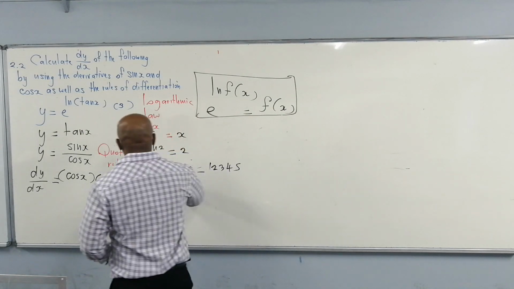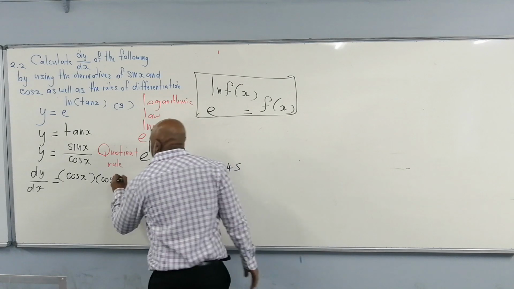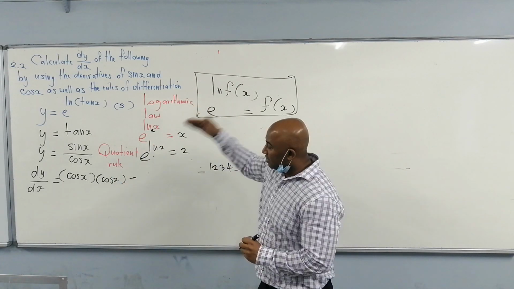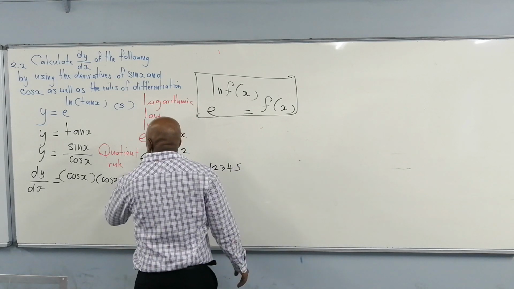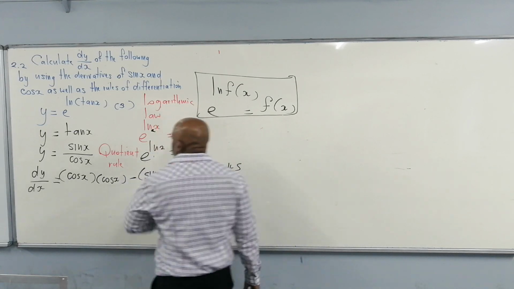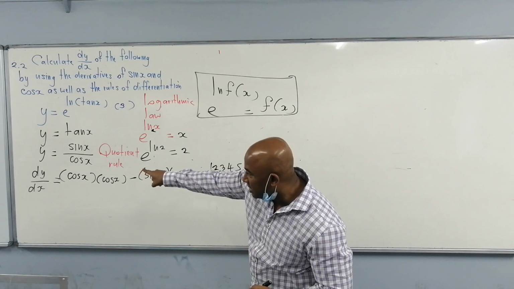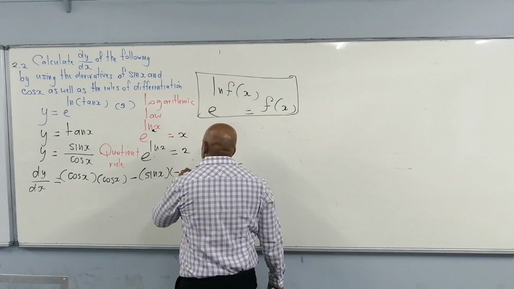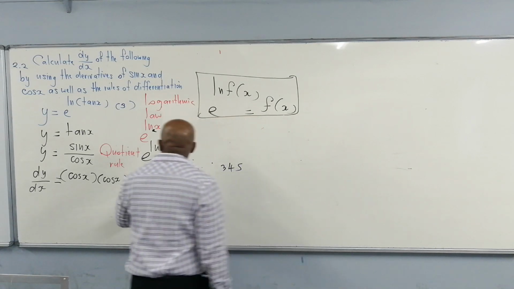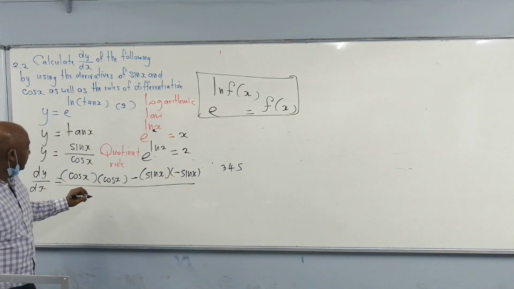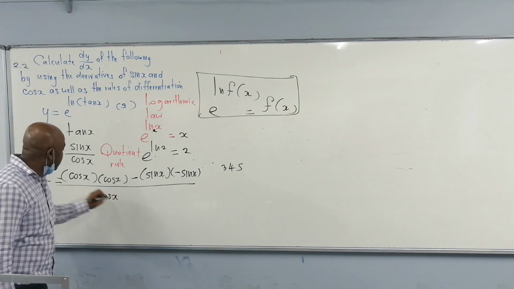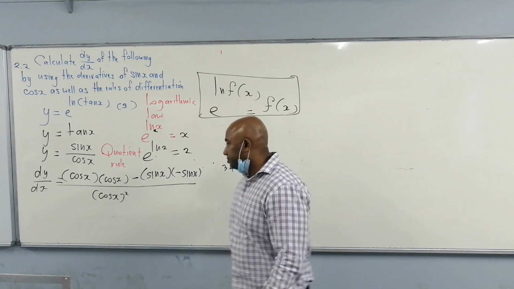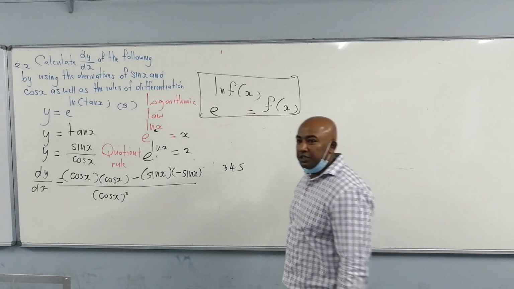Then put a minus sign. You copy the denominator, differentiate the numerator, minus copy the numerator, which is sine x, differentiate the denominator, the derivative of cos is minus sine x, all divided by the denominator squared. Quotient rule. Don't go and mix up the quotient rule.